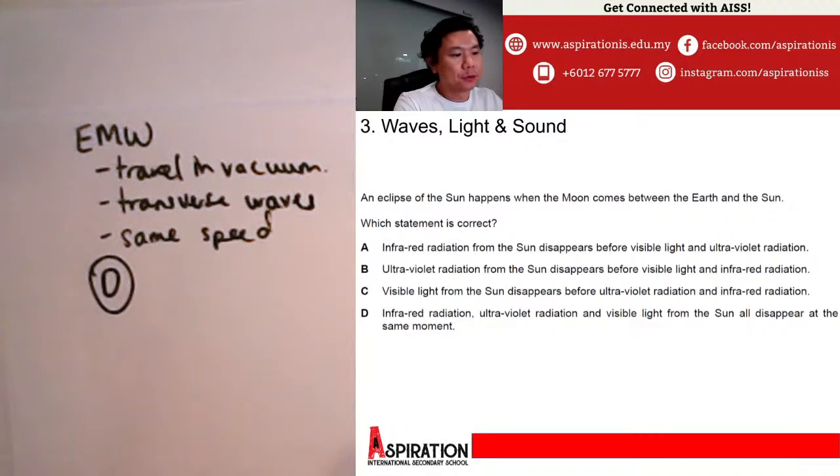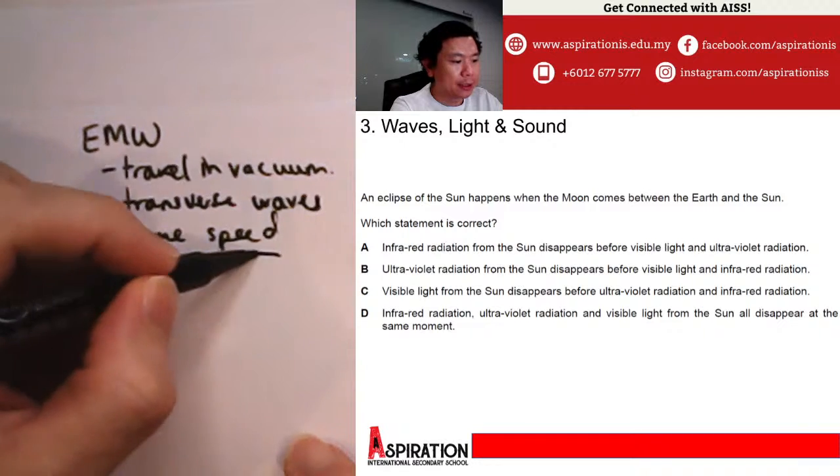A lot of students will be confused about this because they would link higher frequency along the spectrum to being more penetrating. No. For this question, it's quite clear cut. It's all playing on the speed.